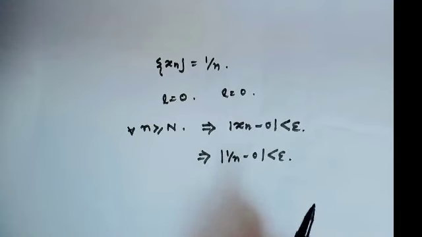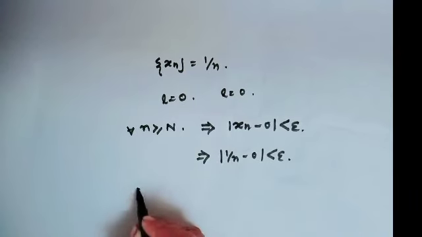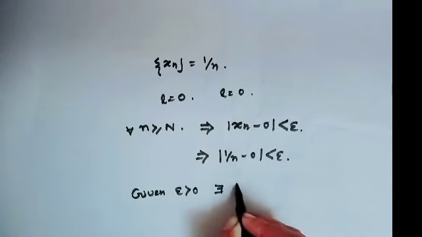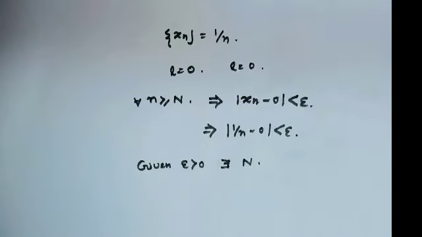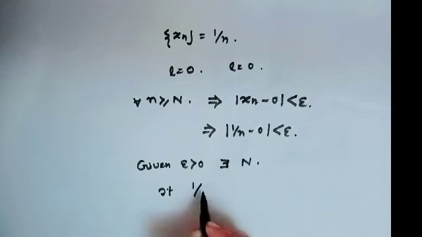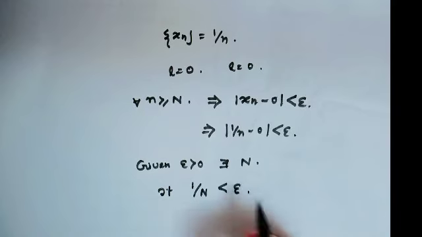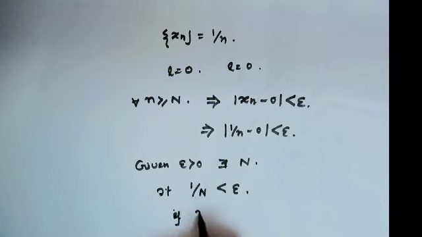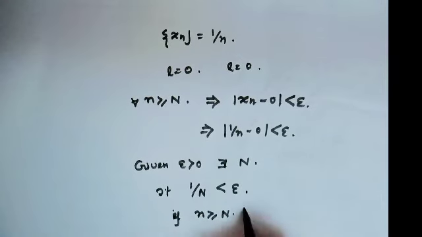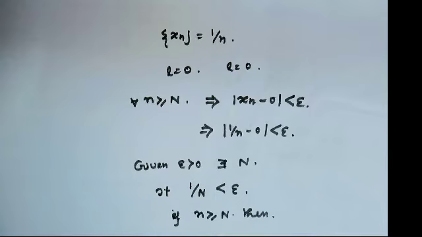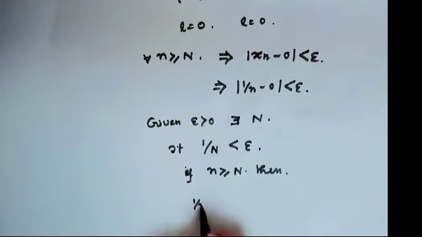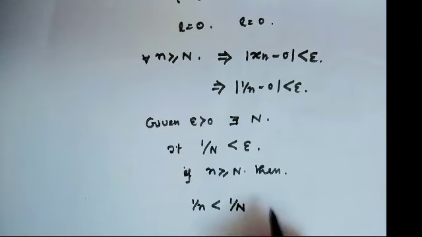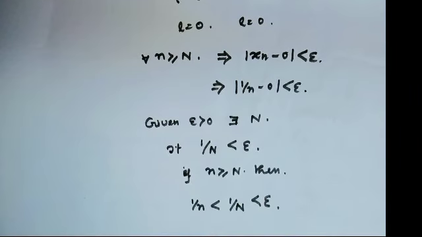By the Archimedean property, given epsilon greater than 0, there exists a capital N such that 1 over N is strictly less than epsilon, and if n is greater than or equal to capital N, then 1 over n is less than or equal to 1 over capital N, which by the Archimedean property is less than epsilon.